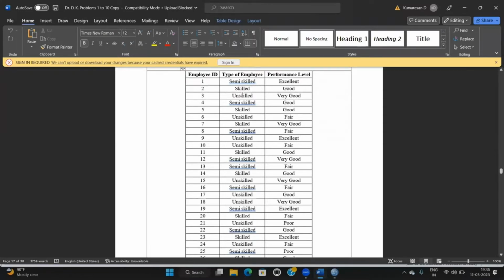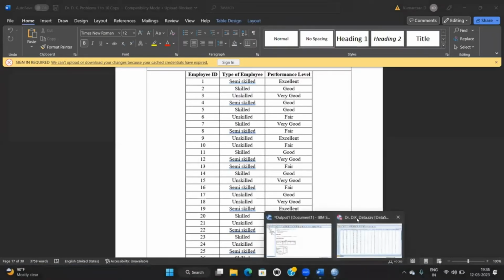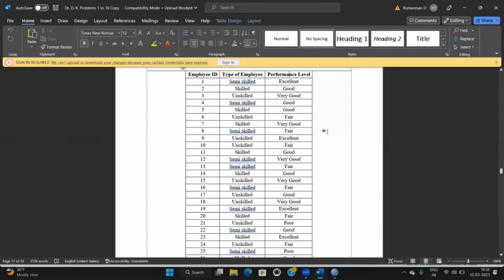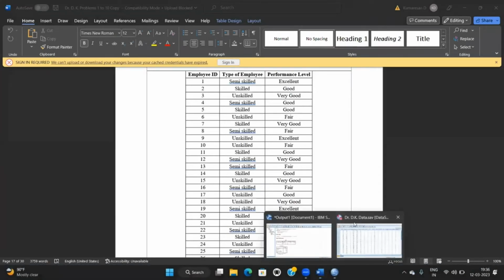Likewise, semi-skilled cannot be regarded as unskilled. So they are mutually exclusive. So we call them independent samples. So if it is independent, then we have to apply either one-way ANOVA or Kruskal-Wallis test. Now the data is given in the form of ordinal data. We have to apply Kruskal-Wallis test.